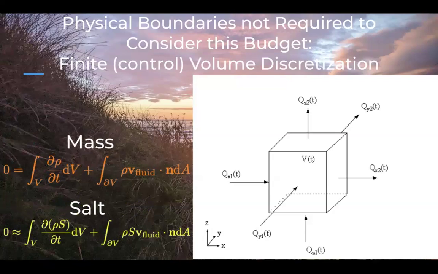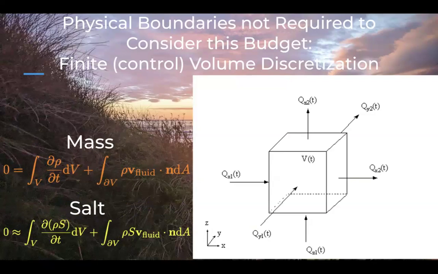And so we can do one for mass, where we say, what's the integral of the density over a volume? Well, that's just the integral of all the density in there. And if we simplify things and say there's just one typical density for that box, it's just the volume of the box times the density in the box. That's a decent approximation to this part.